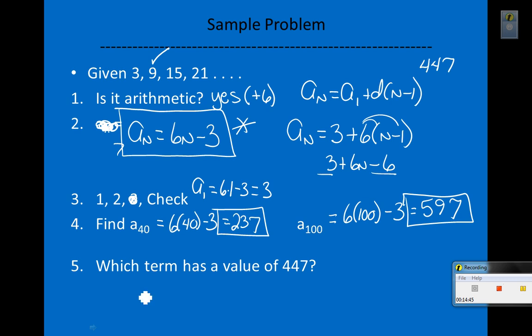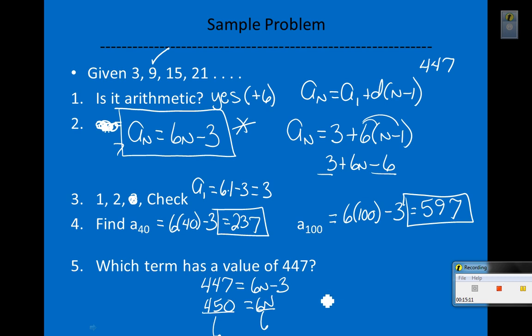So to do that, when it says which term has a value of, I'm going to go 447 equals my formula, 6n minus 3. And then we're just going to solve that, guys. I'm going to add 3 to this side and get 450 equals 6n. Then I'm going to divide both sides by 6 as I run out of room.